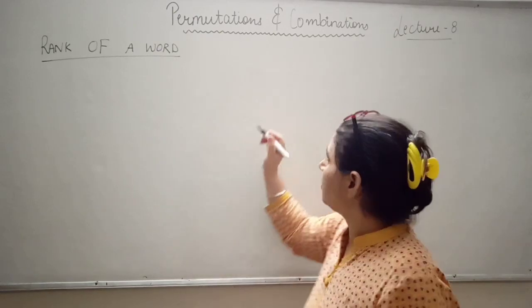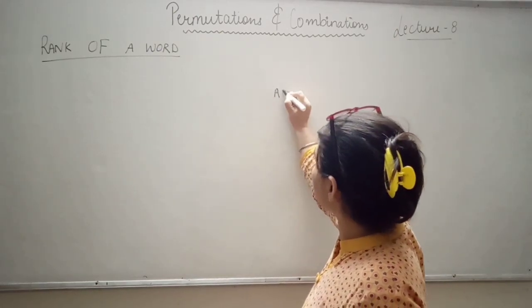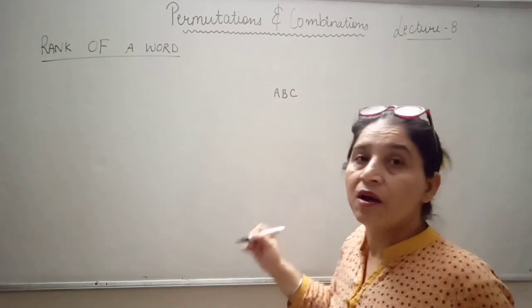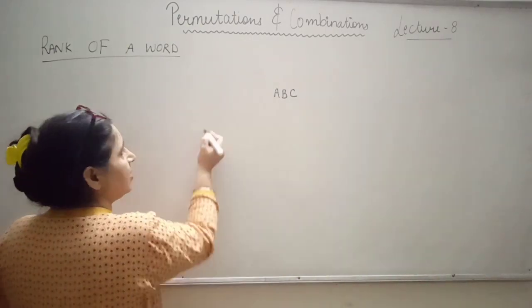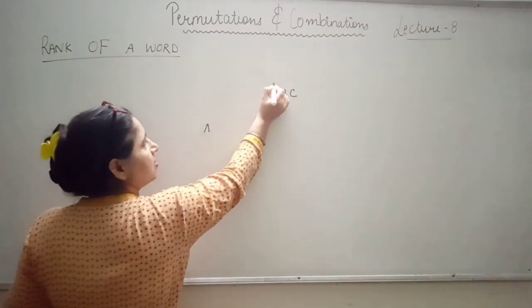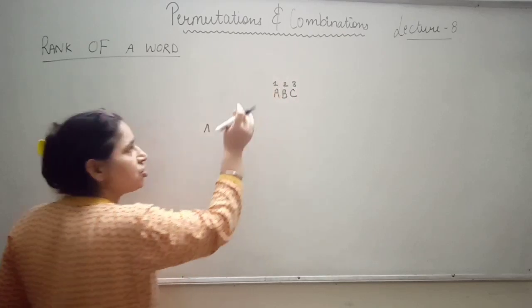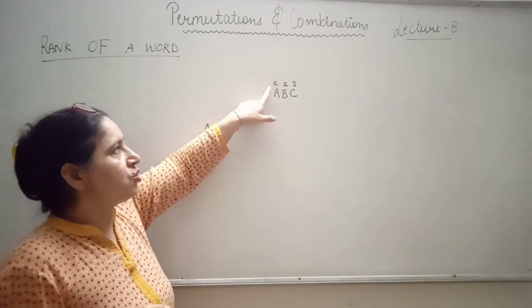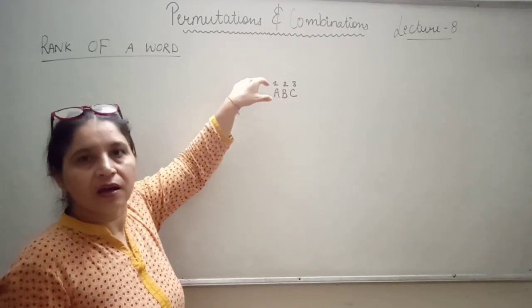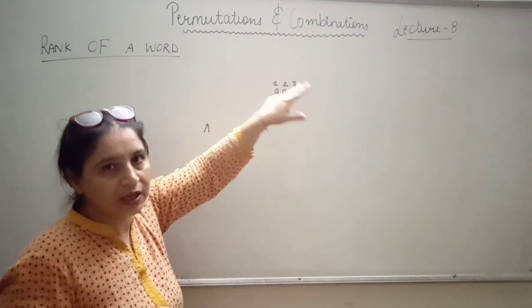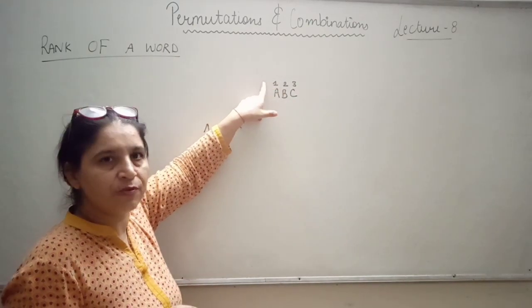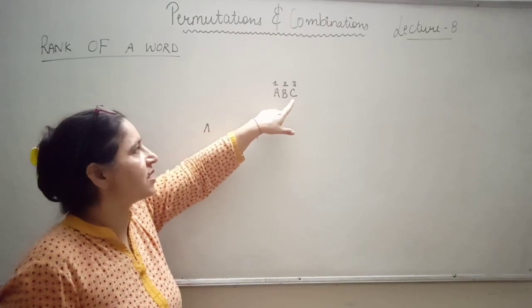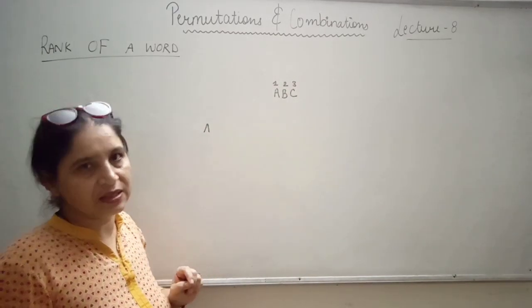Like if there is a 3-letter word, ABC, then alphabetically, first of all we know 1, 2, 3 is the position of these letters in the alphabetical order. A is at the first alphabetical position, B is at the second, and C is at the third.